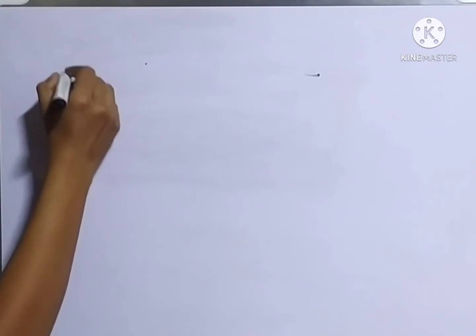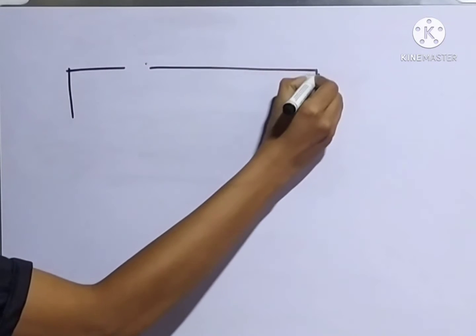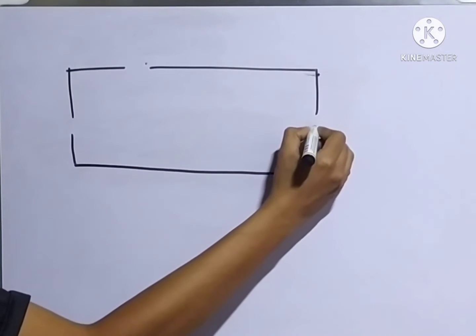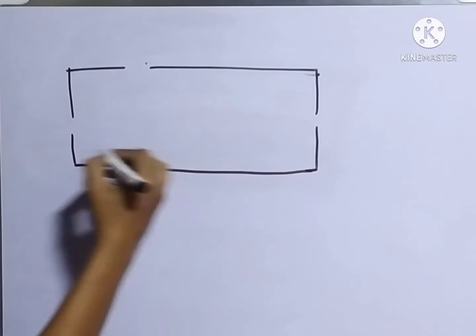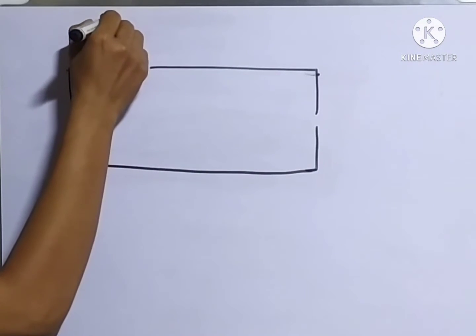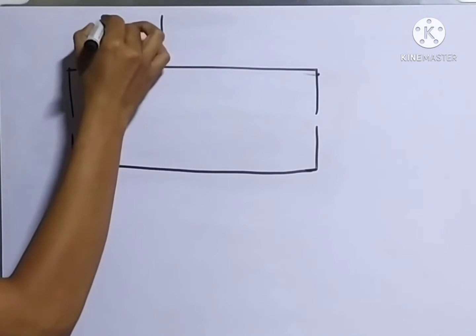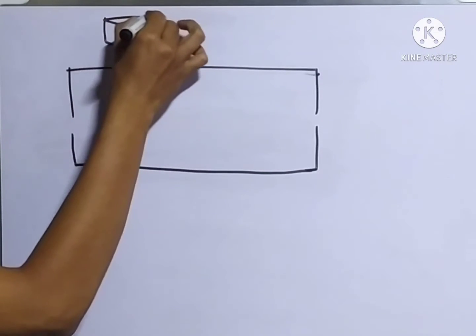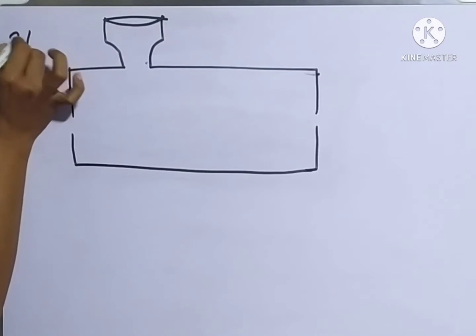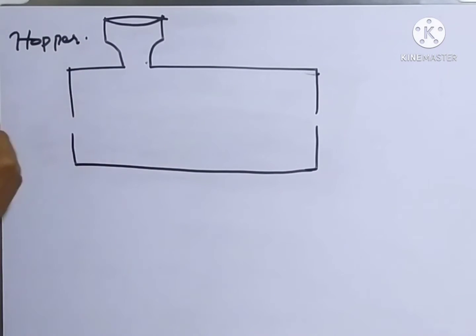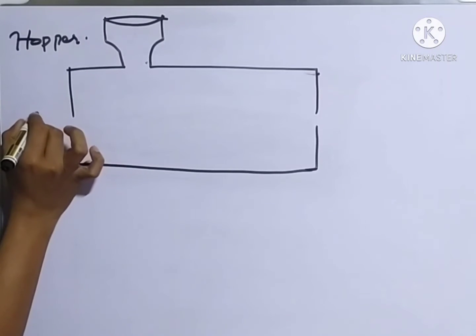So here this instrument contains a large cylinder which is attached to a hopper, and the cylinder is fitted with a helical screw.